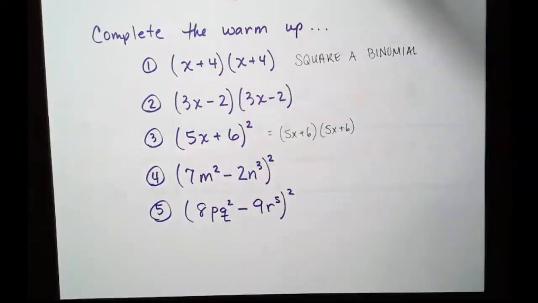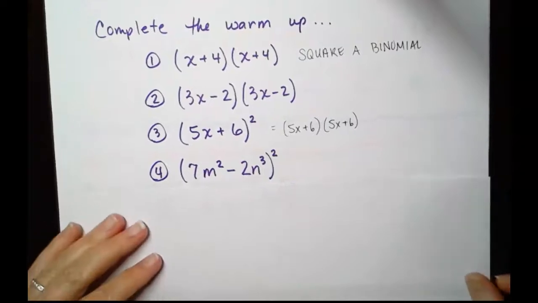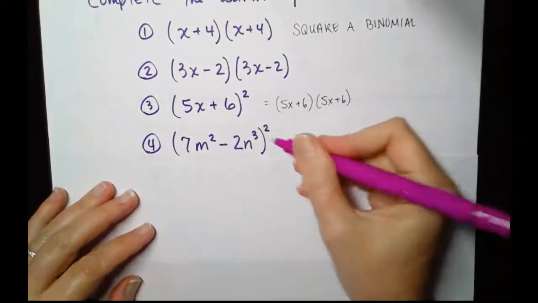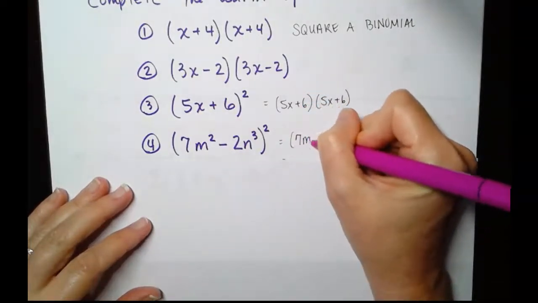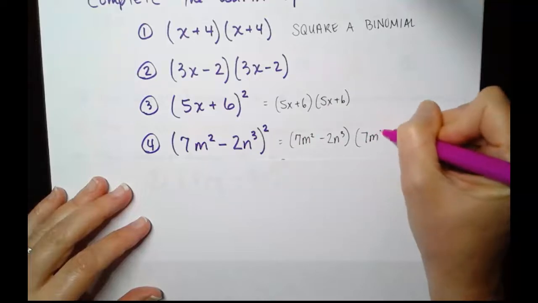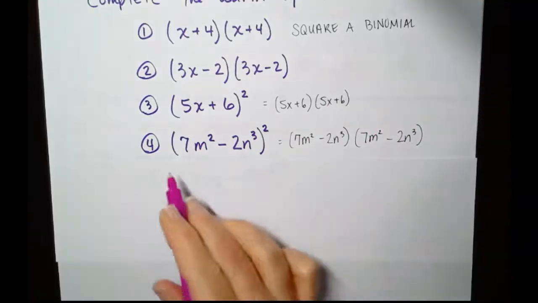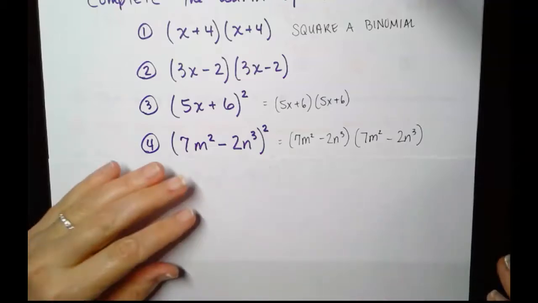So, 2 more problems on the warm-up. They're a little bit more exciting with exponents that we need to deal with. So, once again, if we write the exponent 2, it means the same thing as 7m squared minus 2n cubed times 7m squared minus 2n cubed. It's the same binomial repeating itself being multiplied together.